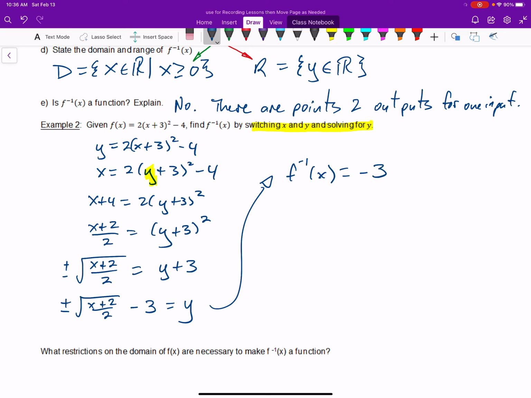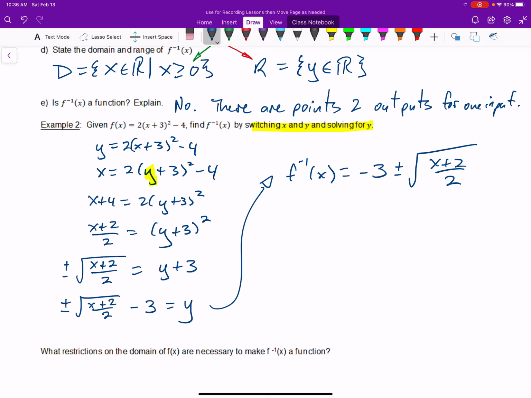Sometimes I like to put the whole number first, so I might rearrange the order a bit and put the minus 3 first: minus 3 plus or minus the square root of (x plus 2) over 2. That doesn't matter, but what does matter is, once again, the negative 3 is not under the square root sign, and I absolutely do have the plus or minus there.